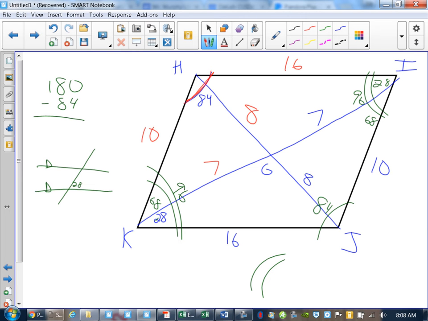Now, do we have enough information where we could figure out what maybe angle IHG could be? What could we do to figure that out?